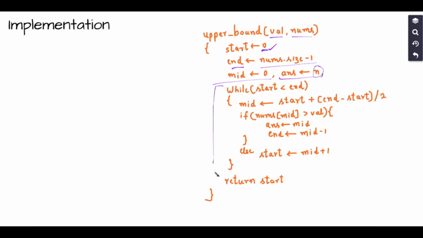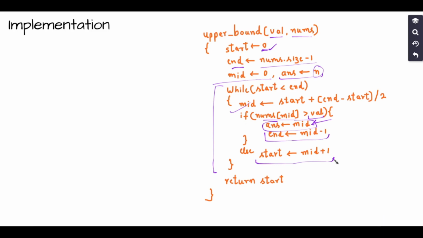Then the usual binary search: find the middle element, and check if the middle element is greater than the value we are passing. Then this can be the potential answer, so store it in the answer variable and reduce the search space to the first half. Otherwise, reduce the search space to the second half, because the upper bound lies in the second half.